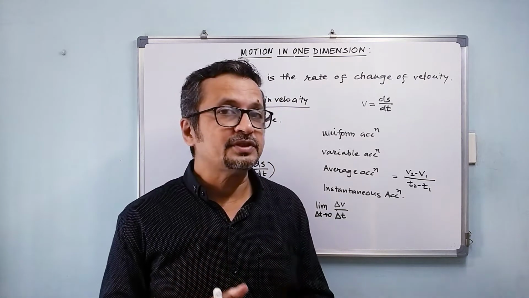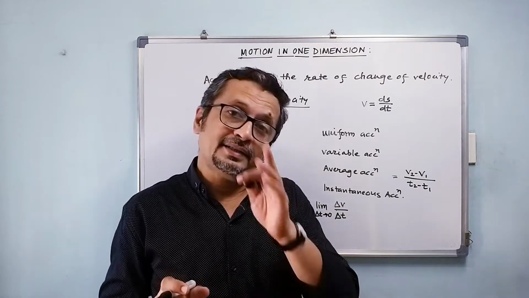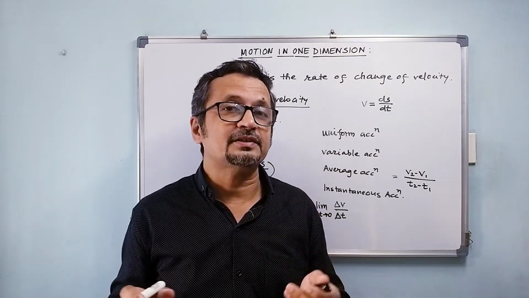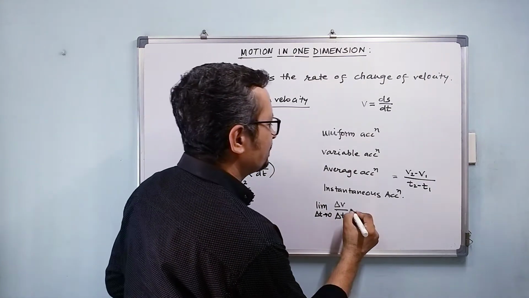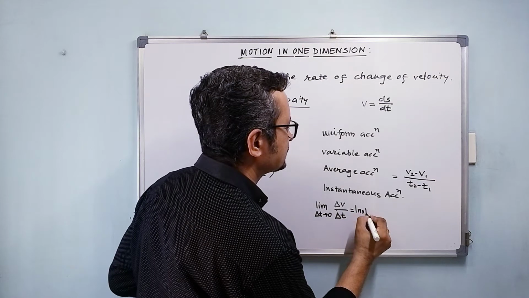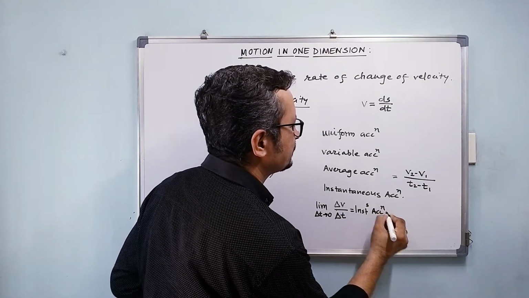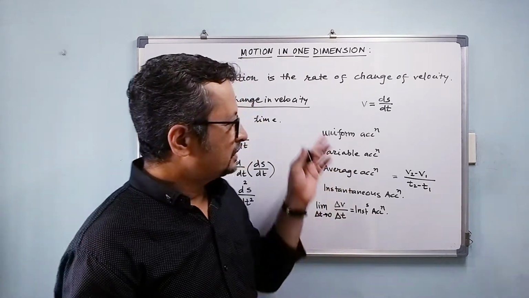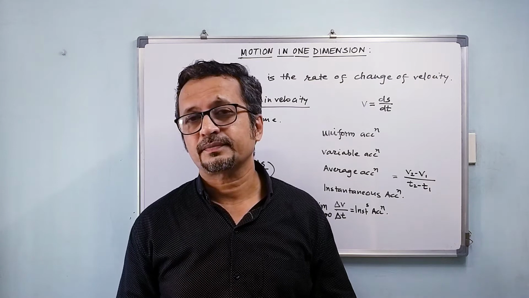Delta t is infinitesimally small, and delta v is the corresponding infinitesimal change in velocity. And then that will give me my instantaneous acceleration, correct. So these are the 4 types of accelerations that we are going to come across.